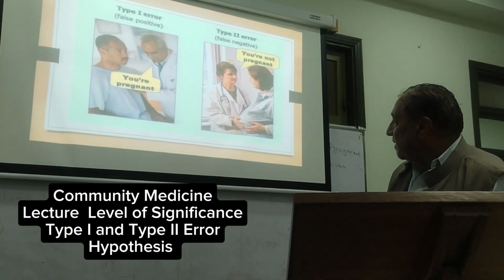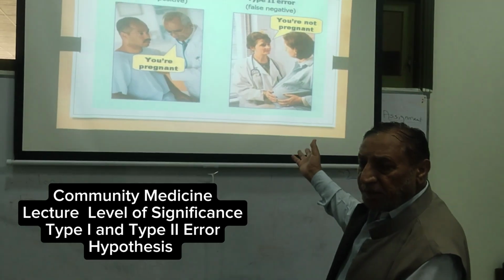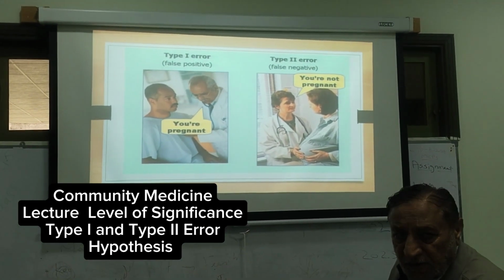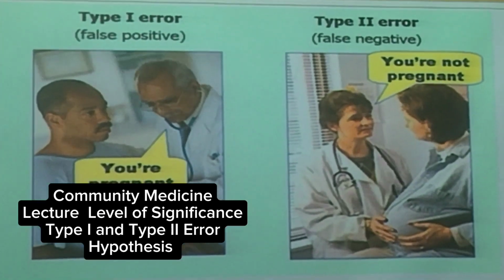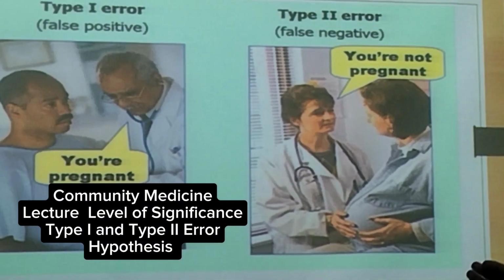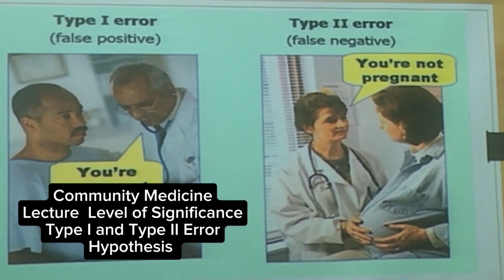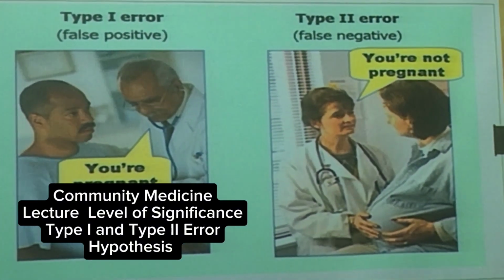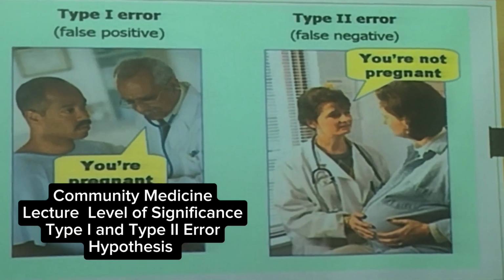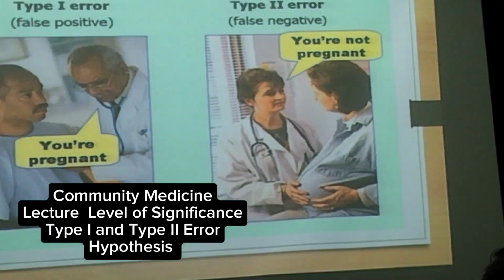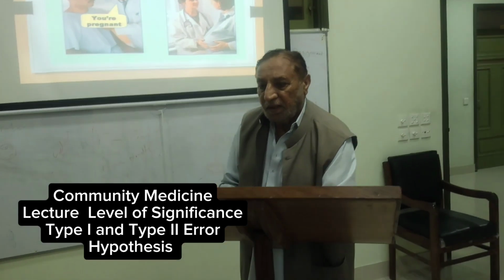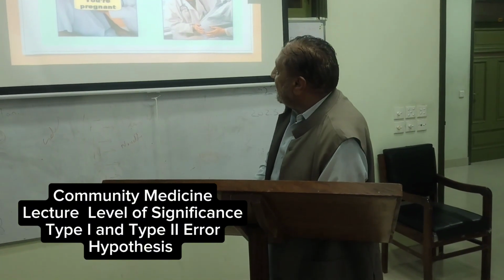So in that case, the null hypothesis can be true, and we may reject the null hypothesis. This is a practical situation. Suppose a test report says that a pregnant lady is not pregnant, and even a male can be shown as pregnant.